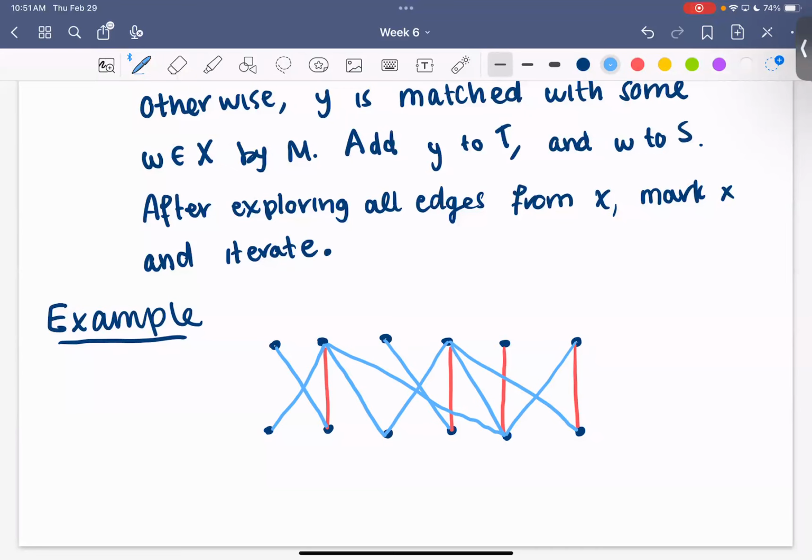Okay, so that's the graph. So go ahead and find an M augmenting path using the algorithm.